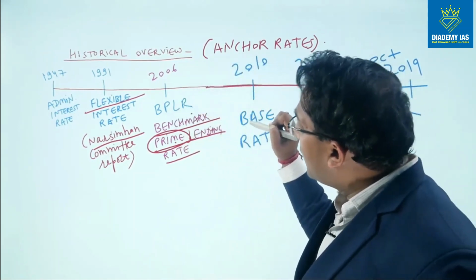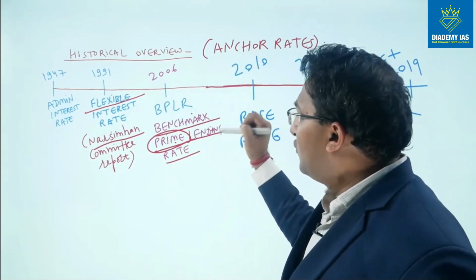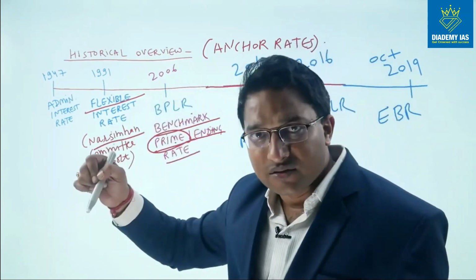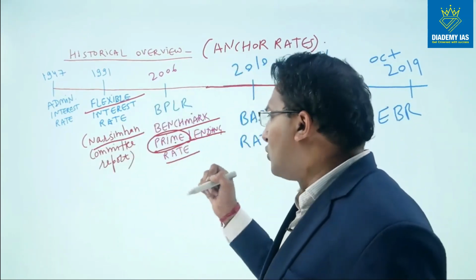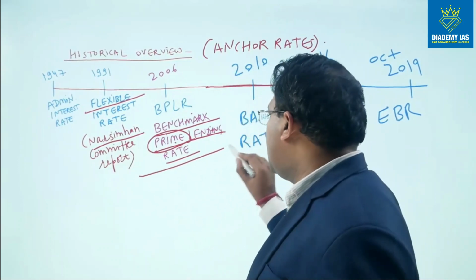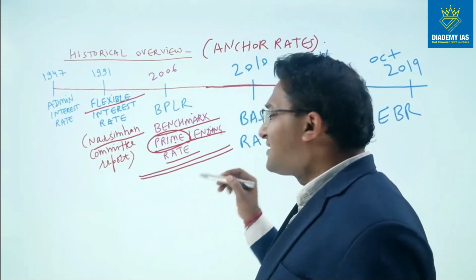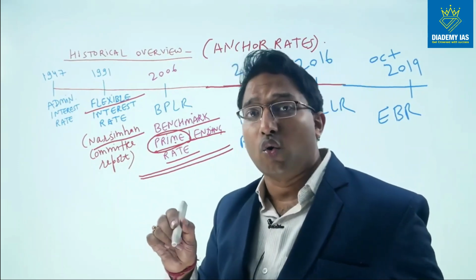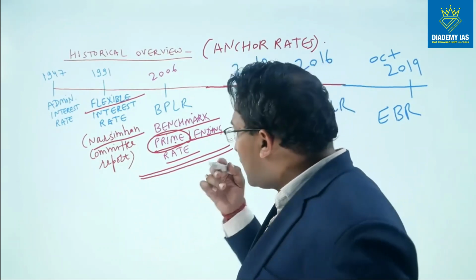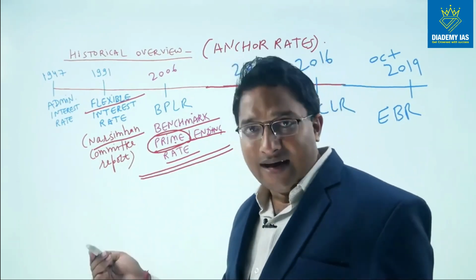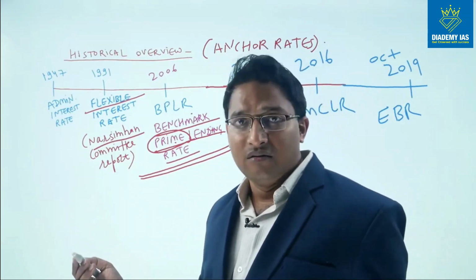Now this was the rate which was offered to the prime customers. The problem arose that this BPLR was set at a very low rate. So it was up to the bank to determine this BPLR. They will determine their own BPLR.